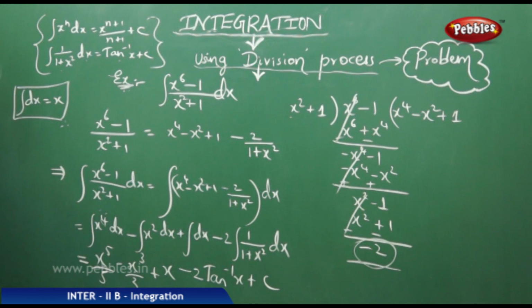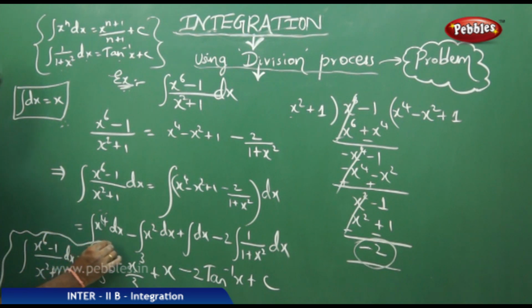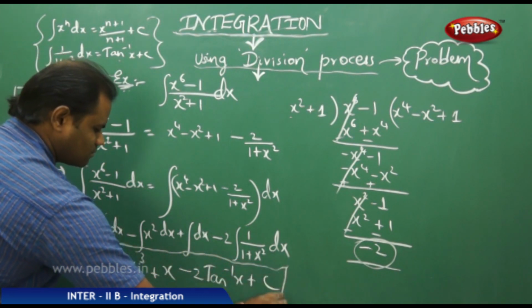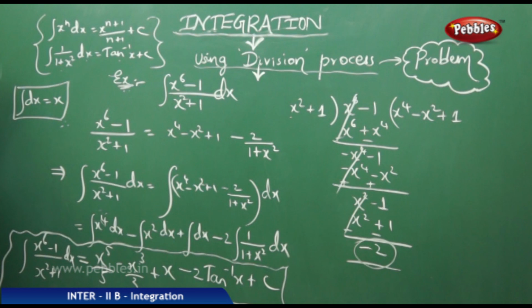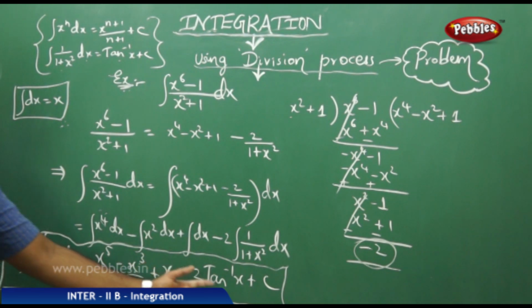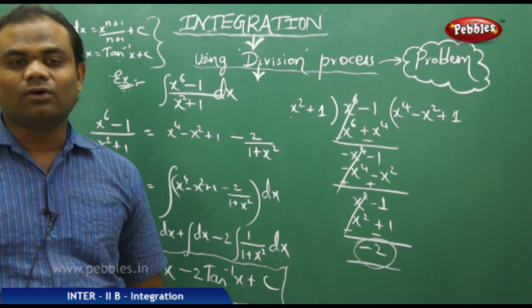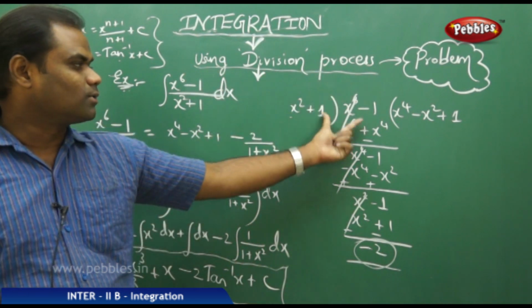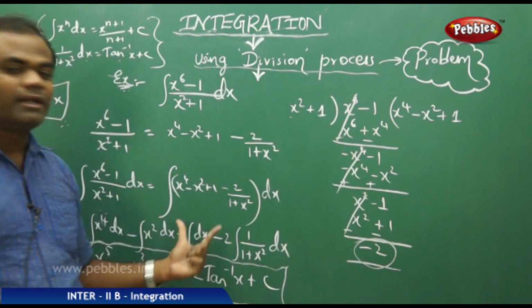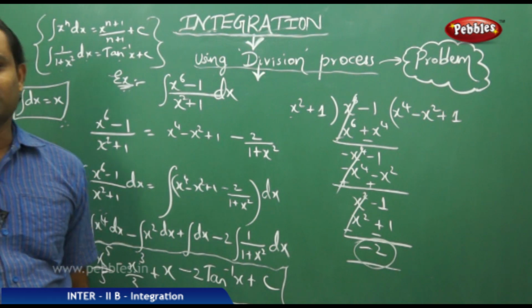That is what we obtain for the integral of x power 6 minus 1 by x squared plus 1. This is how we do it using the division process, and then finding the integration becomes easy.